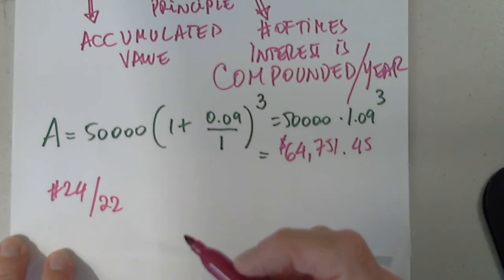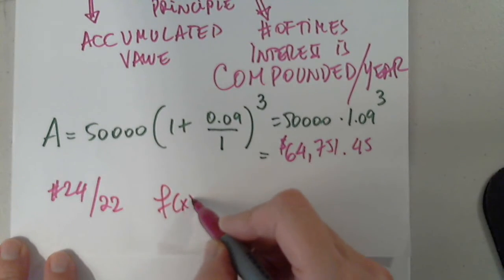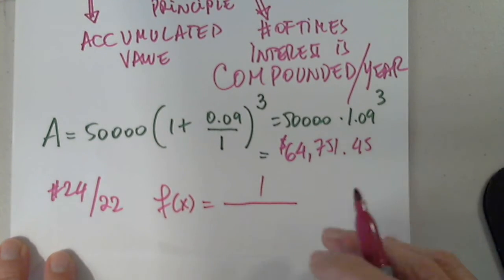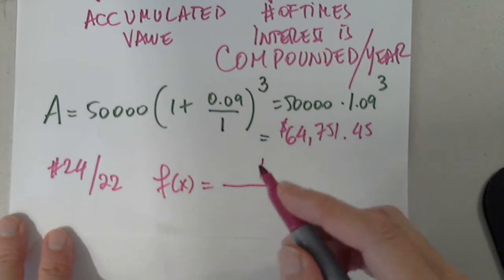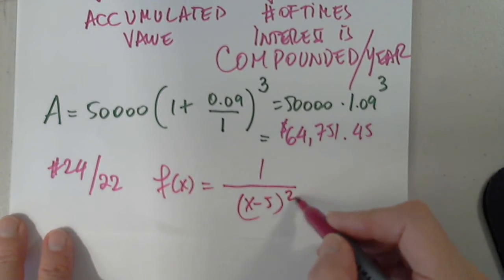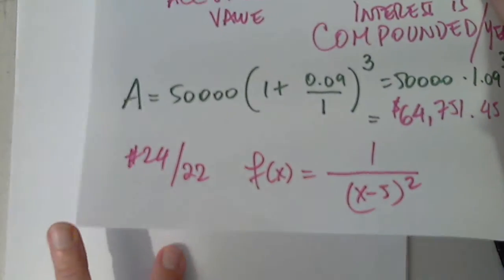24 on page 22, we are given a function, 1 divided by x minus 5 squared.